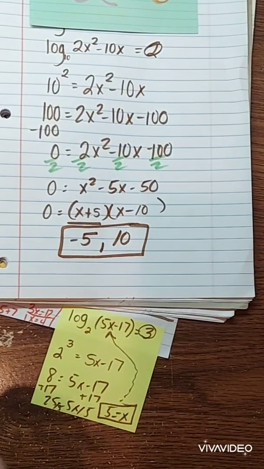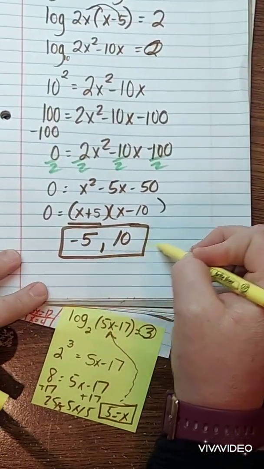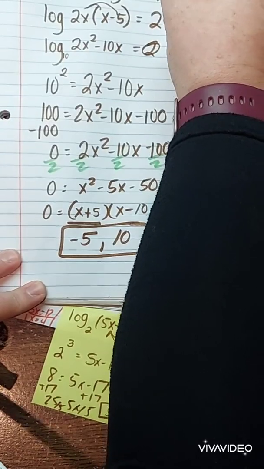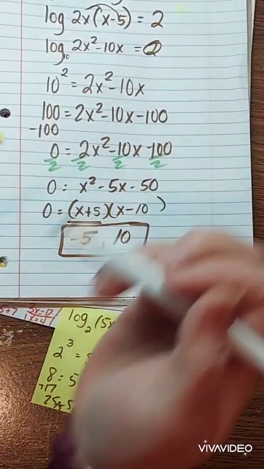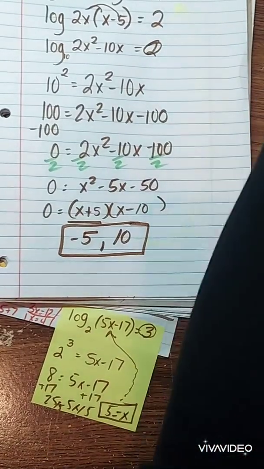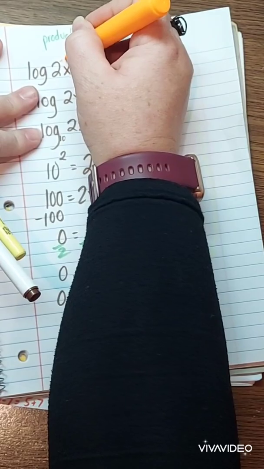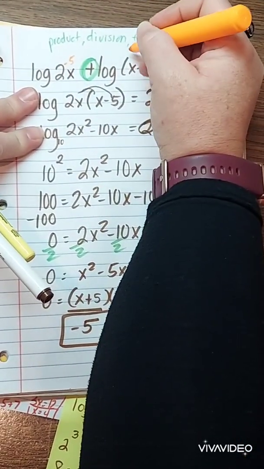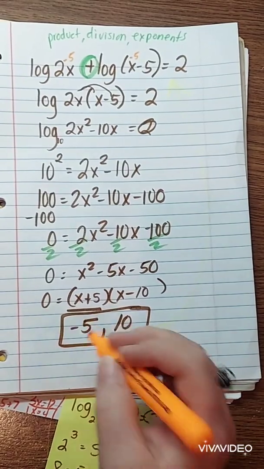Now, if you take a trip with me up here, do both of these work? Let me write with a highlighter. Does a negative 5 work in here? Ugh, no way.